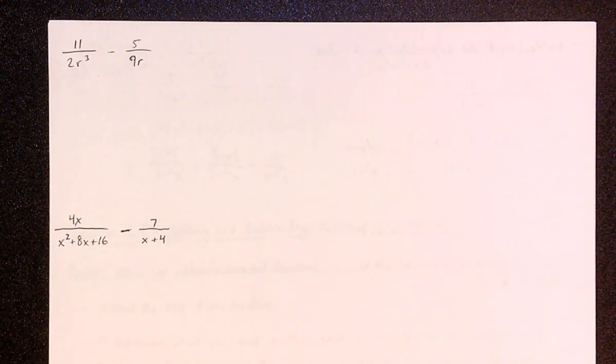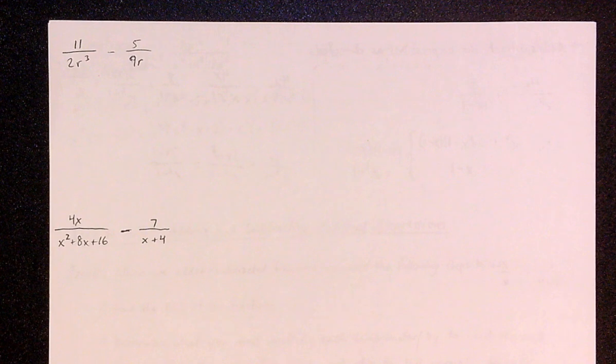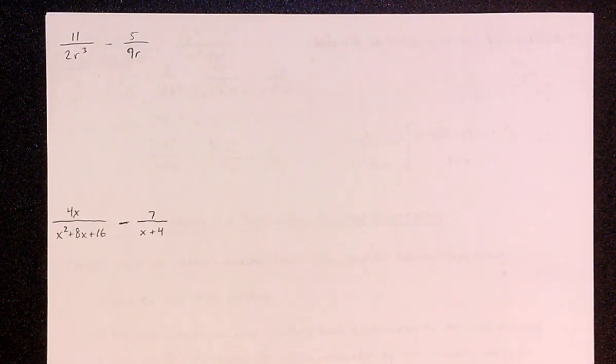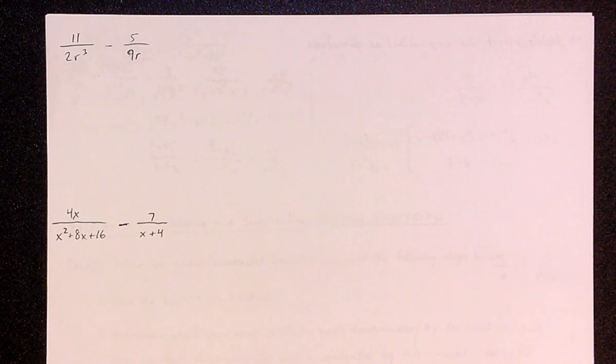So going to the back of the page, I have a few more here. These are all on the same level of difficulty or easier than the ones that we just did. So I will let you try these ones on your own. You have 11 divided by 2r cubed minus 5 over 9r.